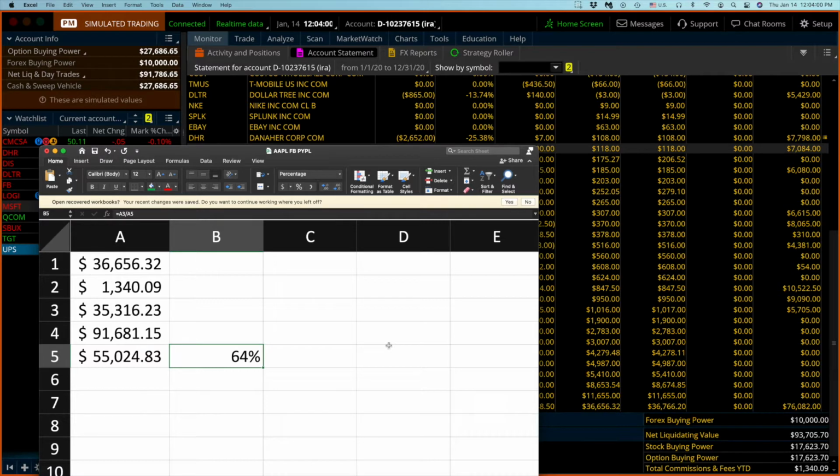That, to be sure, was exceedingly good. That's because we started with low volatility, then there was a huge spike in volatility right off the bat, and the rest of the year remained pretty high in volatility. So that's the result.